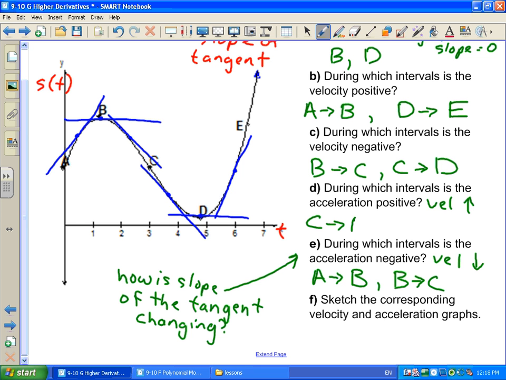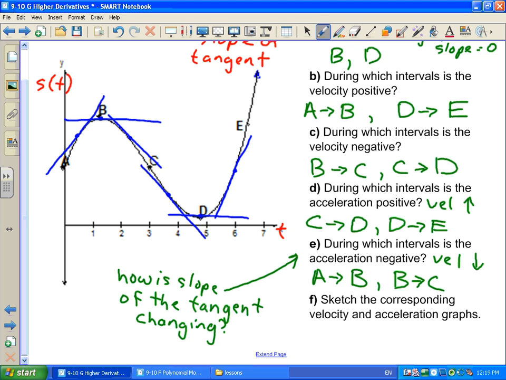So C to D. And from D to E, it's going to keep on increasing, because it's getting steeper and steeper, with a positive slope as we go from D to E. So our acceleration is negative from A to B and then B to C, and then it starts being positive from C to D and then on to D to E.